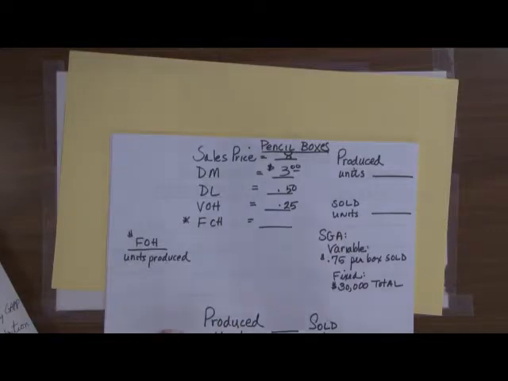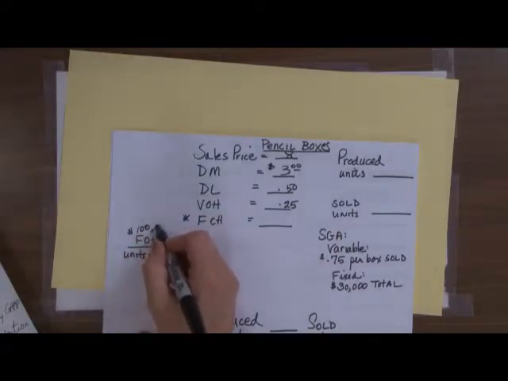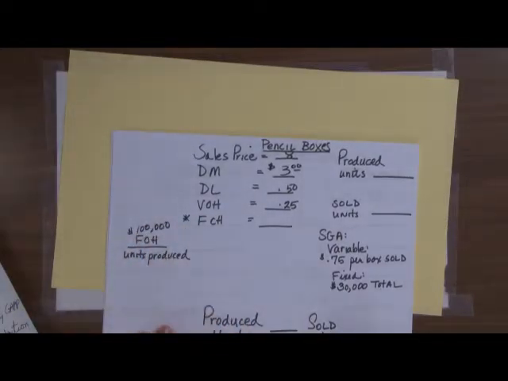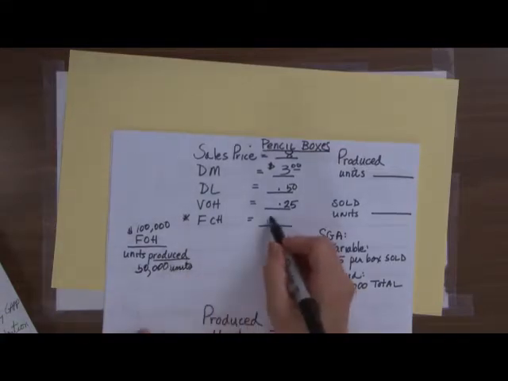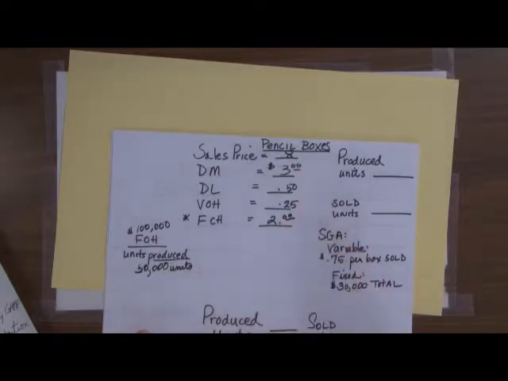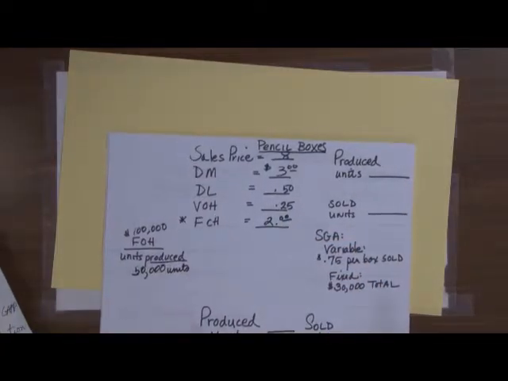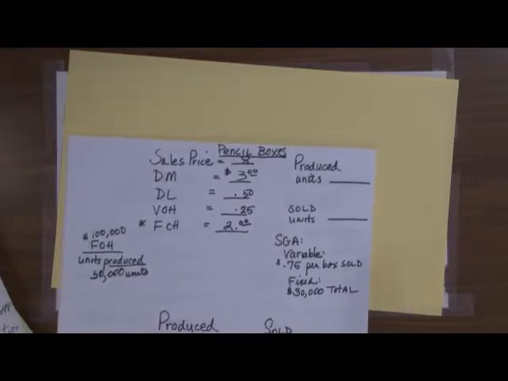According to the information provided, we had $100,000 of fixed overhead for the period, and this is going to be producing 50,000 units. So we would have $2 in fixed overhead per unit because of the production being 50,000 units. Let's go up here in the corner.